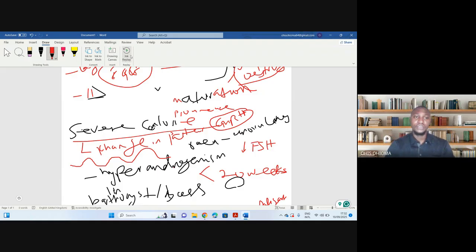What they usually do in Step 1 is put the BMI of the patient. They'll tell you that the BMI of the patient is maybe less than 17, and that the patient has been having amenorrhea, and then they will ask you what's the most likely diagnosis, right?